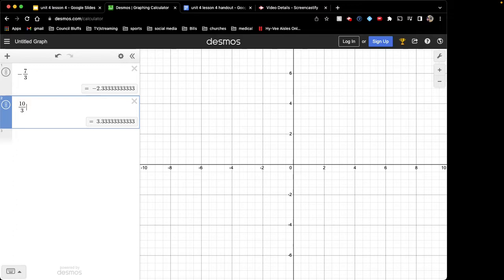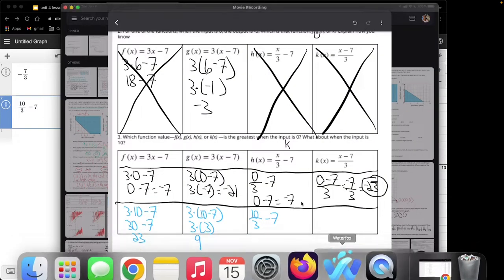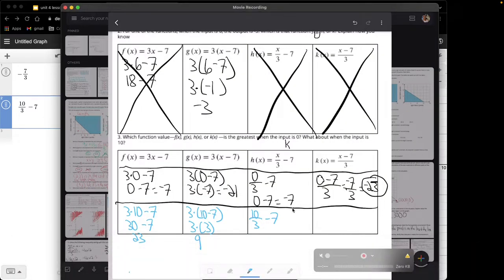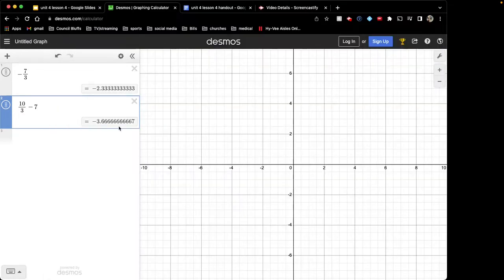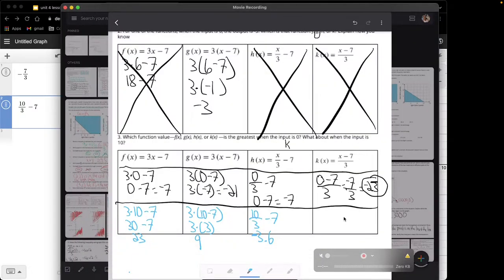And then if I subtract 7, I end up with negative 3.6. So when I plug in 10 into h, I get an answer of negative 3.6 approximately.